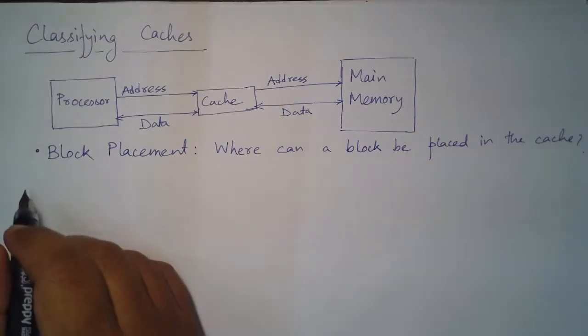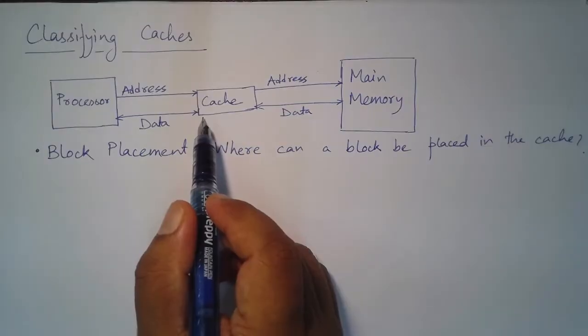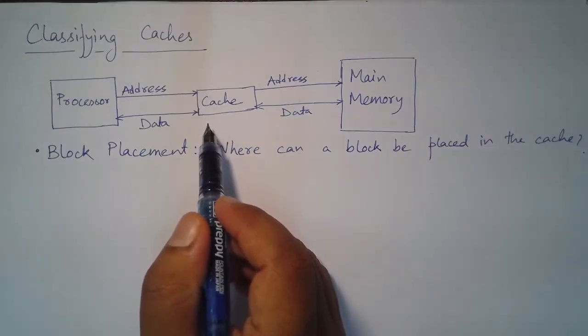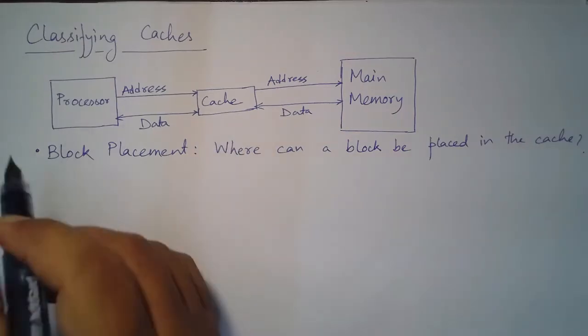Similarly, the way the block is found in the cache. Whether there is a block available in cache or not, how do you identify that? This whole process can also result in different classifications of caches.